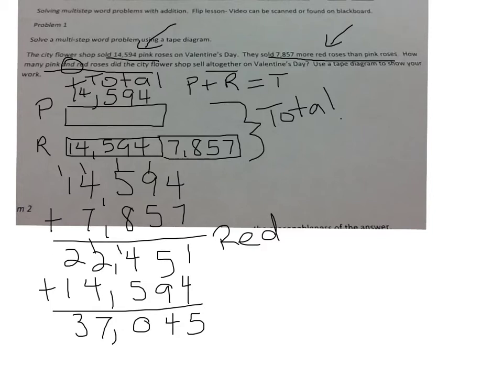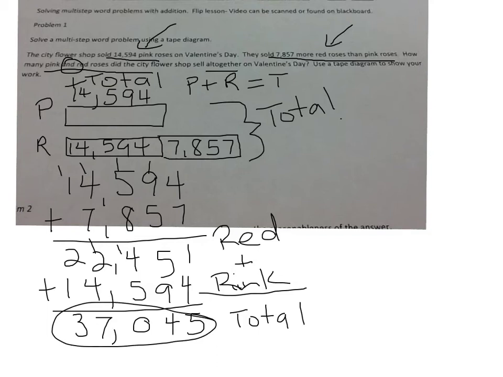So that gives me a total of 37,045 roses. When you add your red plus your pink, that should be a P for pink. Your red plus your pink will be giving us our total number. So our answer is 37,045 red and pink roses.